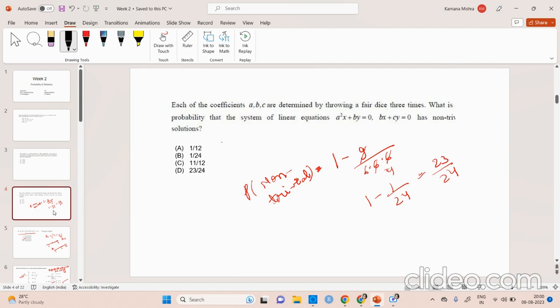There's a book, Probability and Statistics, Gupta and Kapoor, and there are so many solved examples, so you can go through that. Otherwise, I think sir has given the reference books for this course, so you can go through those books also.